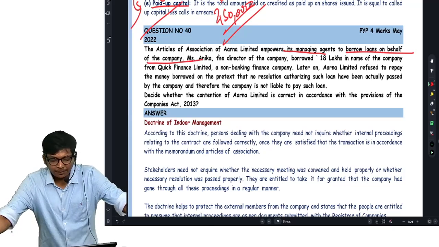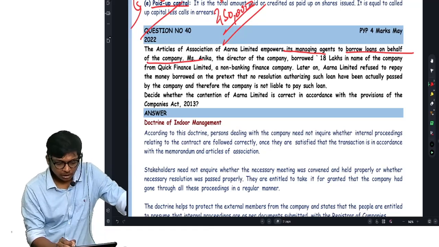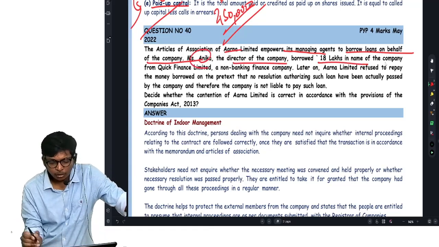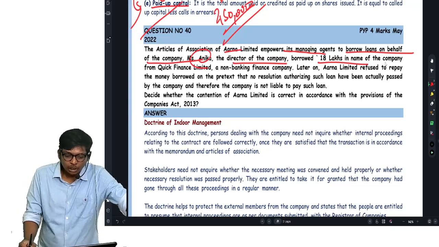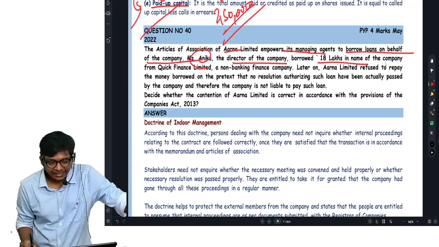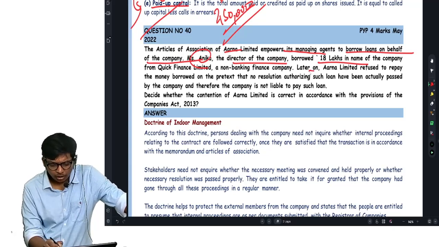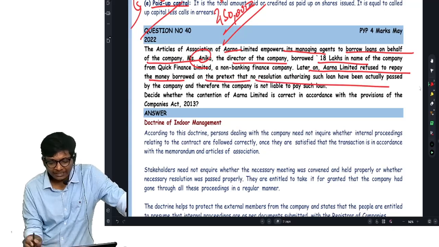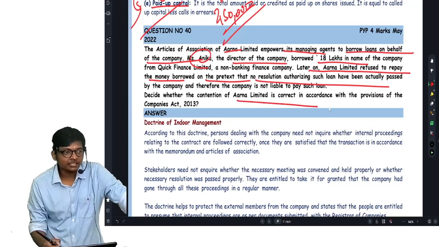Anika, the director of the company, borrowed 18 lakhs in the name of the company from Quick Finance, a non-banking financial company. Later on, Arna refused to repay the money borrowed on the pretext that no resolution authorizing the loans had been passed. Is the contention of Arna correct?